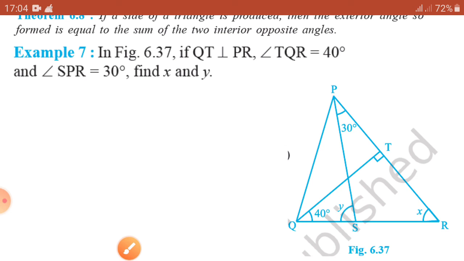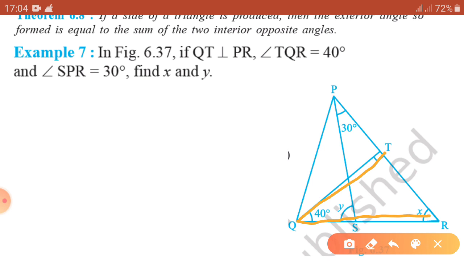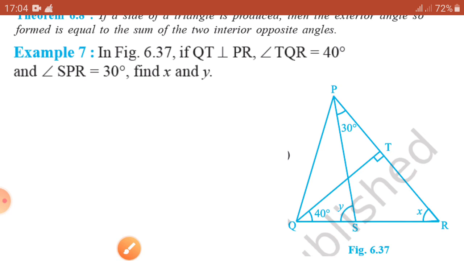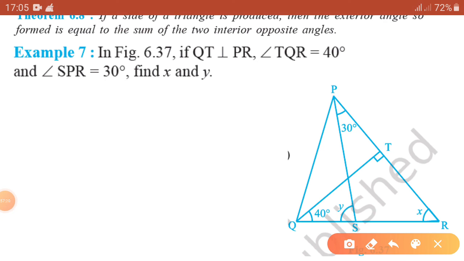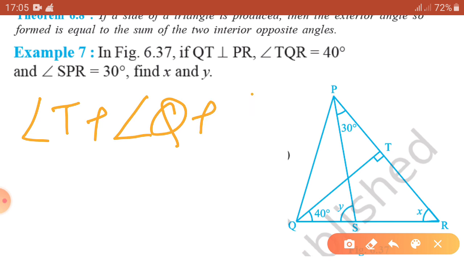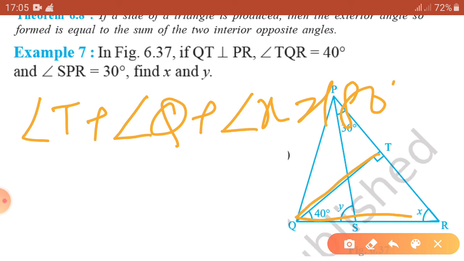Okay, so in triangle TQR, we can say that angle T plus angle Q plus angle X is equal to 180 degrees in this triangle QTR.